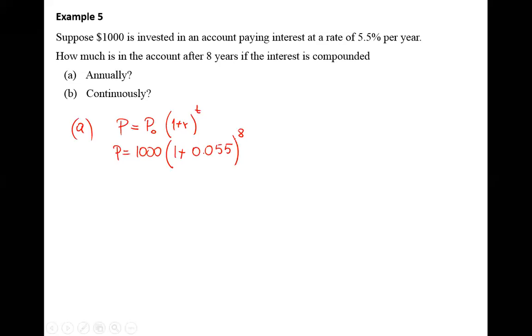It's almost plugging in the numbers, but we have to know the first equation. This is 1,000 times 1.055 to the power of 8. I used the calculator: $1,534.